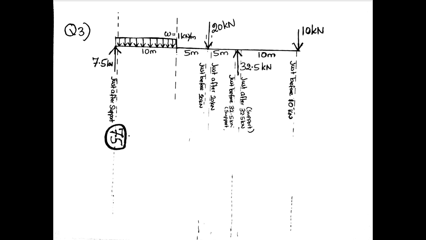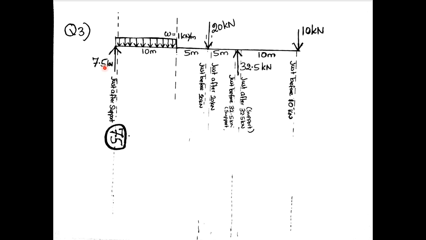Okay, now analyze the shear force at these critical points. Shear force at this point is actually 7.5, because of the 7.5 kilonewton reaction. We consider left to right movement, left to right techniques, therefore upward is positive.